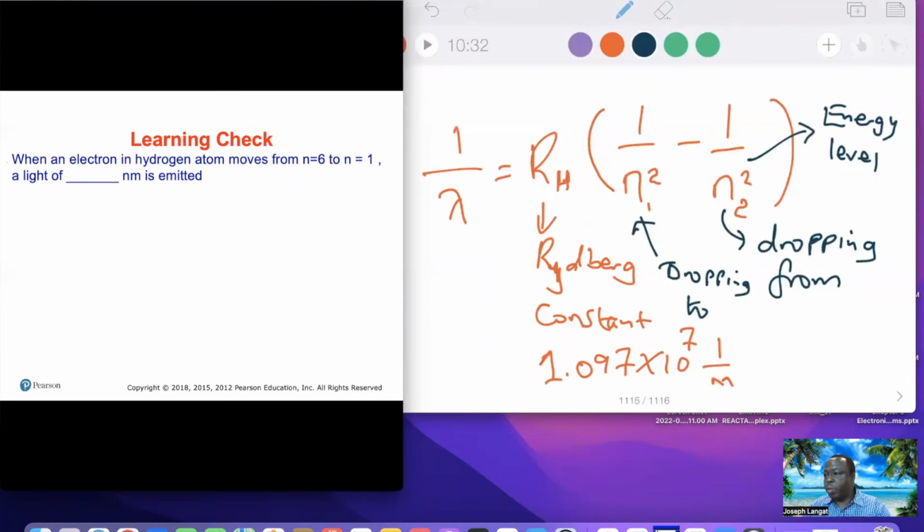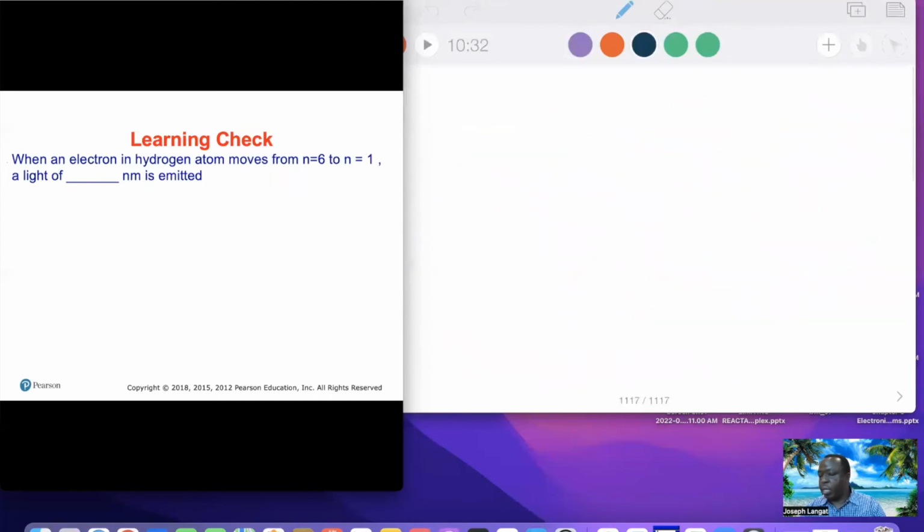So how are you going to do that? When I see that I have two energy levels, that means we need to calculate the wavelength in nanometers. And remember, because of the Rydberg constant, we'll have to work in meters first and then change to nanometers.